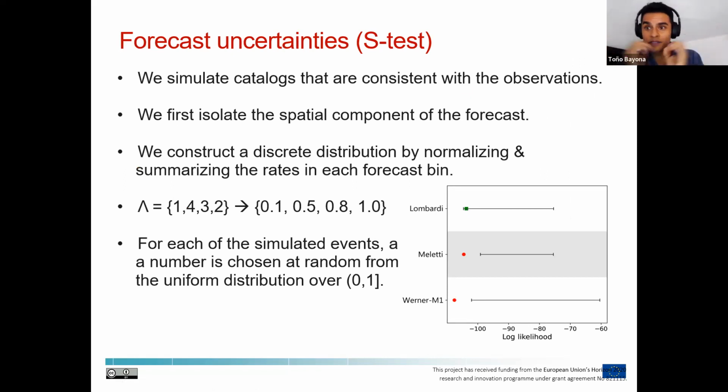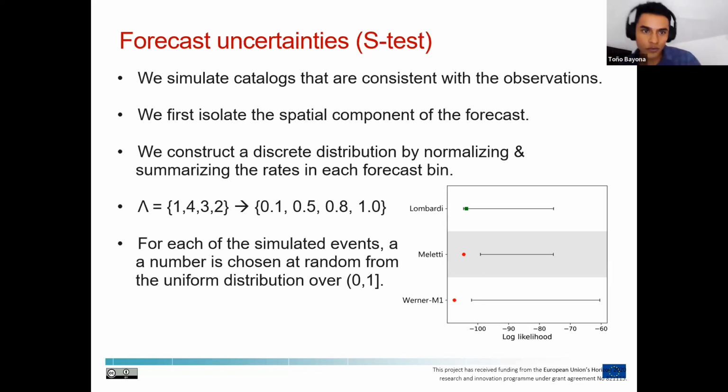So that's the observed joint likelihood score. But we need to account for forecast uncertainties. So what PyCSEP is actually doing is simulating different catalogs that are consistent with the observations to determine whether the model is consistent with the spatial distribution of seismicity.